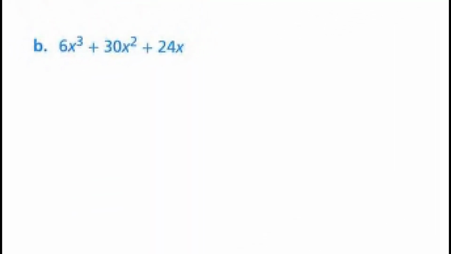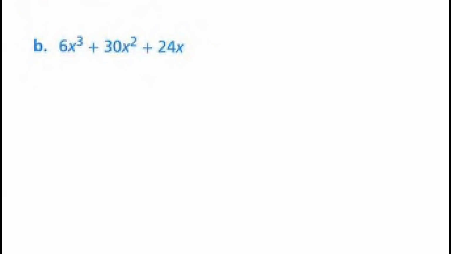Let's do another one. So for part B, we have 6x cubed plus 30x squared plus 24x. If you want to go back to how we found GCFs in section 7.4, the when in doubt, write it out, you can do that still. But if we practice, we might be able to do some of these a little quicker.